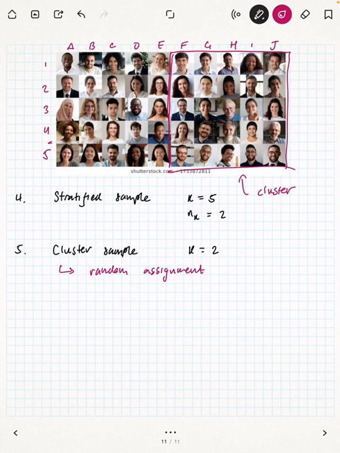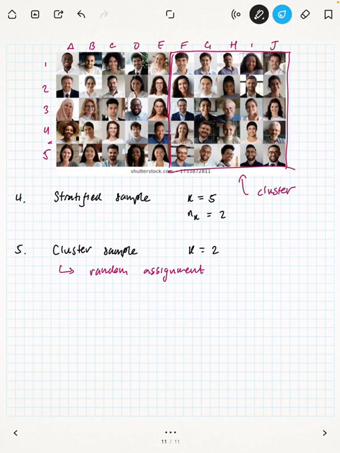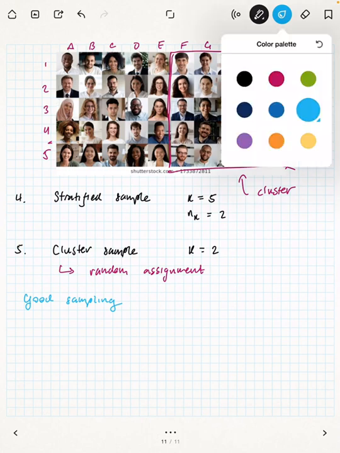One last thing to note, we've been talking about when to use these sampling methods, but there are some principles of sampling that we want to highlight, right? So what is good sampling? We want basically three things.